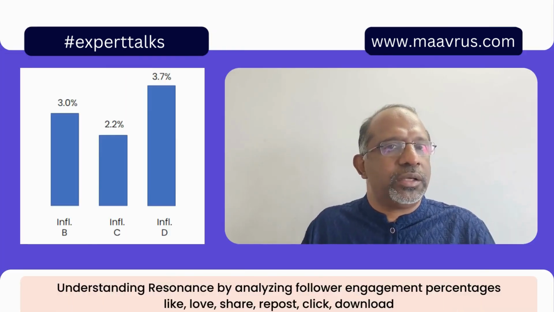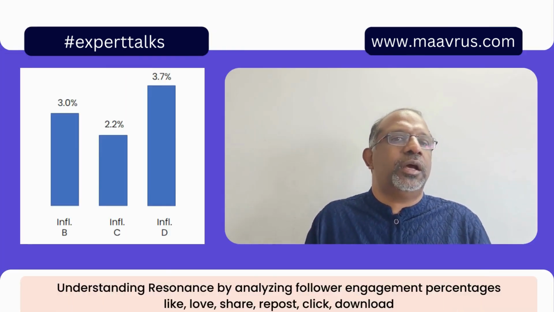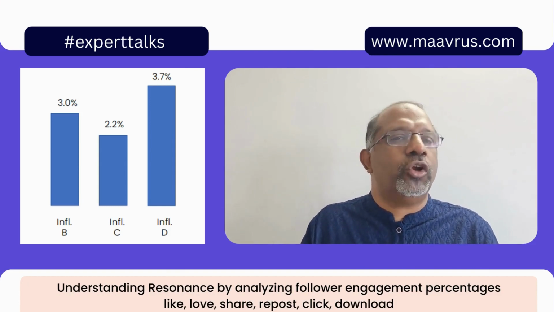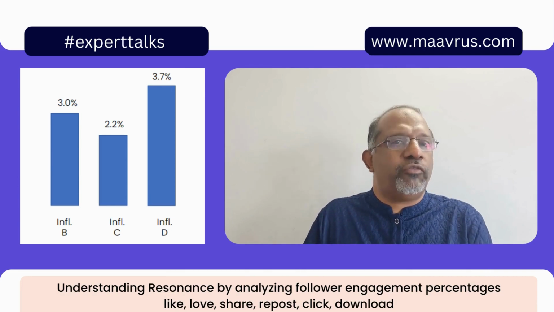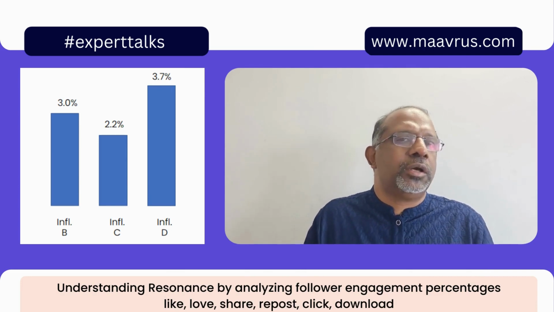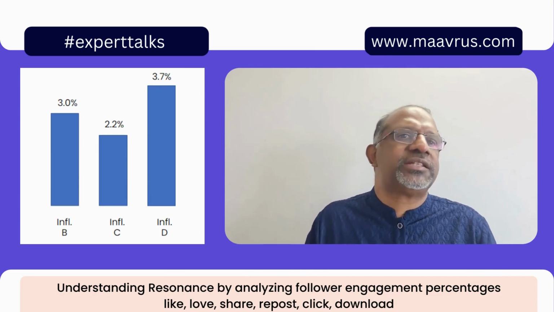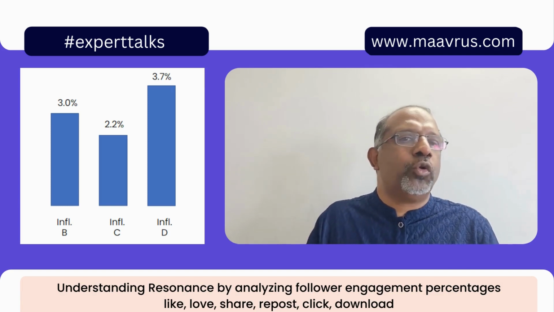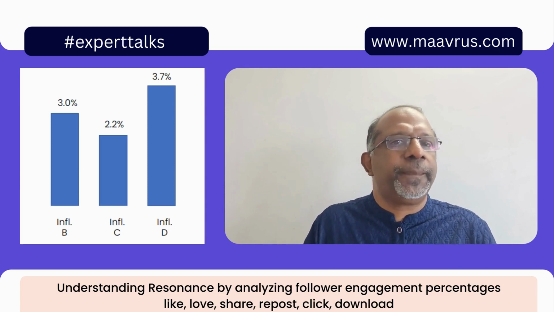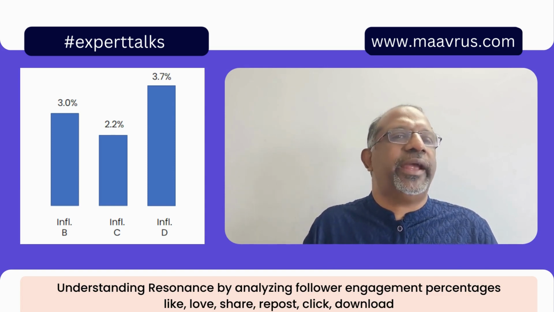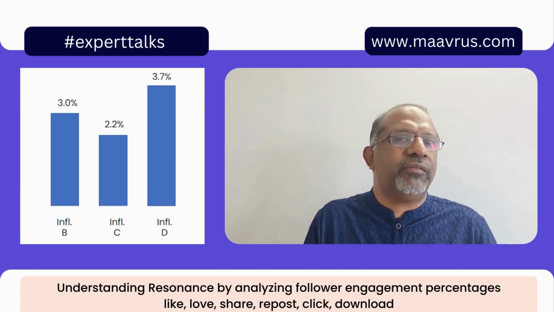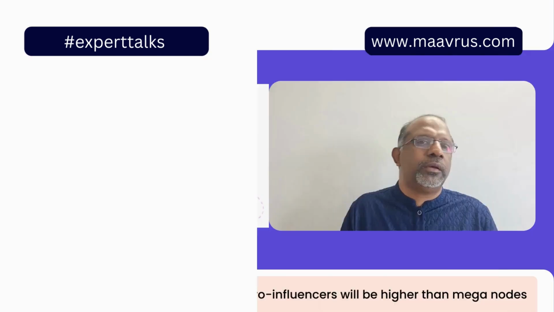The third one is resonance, which is measured as the percentage of followers of a particular influencer who engage by way of likes, retweets, reposts, downloads, shares, etc. And in this particular slide, you would see that influencer D seems to have a higher level of resonance compared to others.